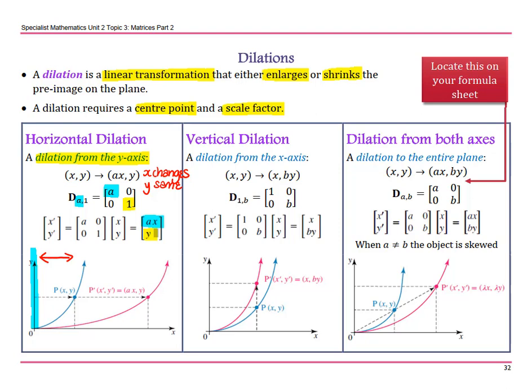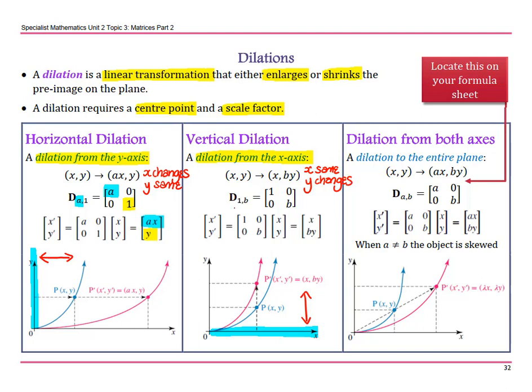Now, our vertical dilation is a dilation from the x-axis. So if we're looking at our axes here, there's our x-axis. Now we're looking at the change this way. So in this case, the x is the same and the y is what changes.